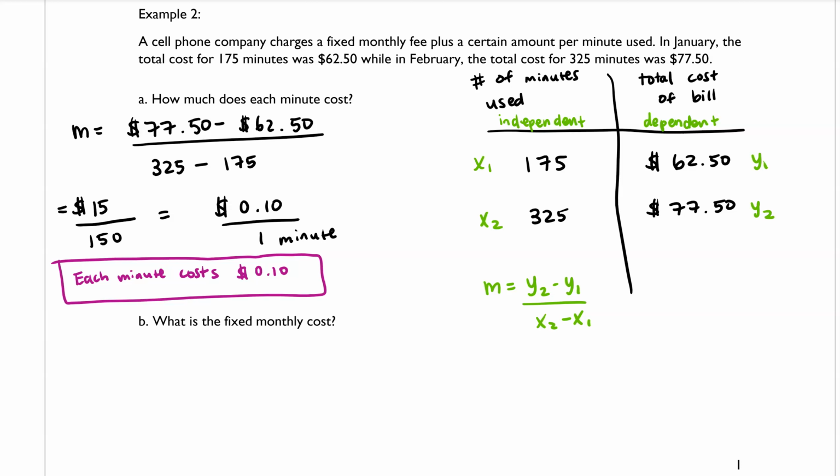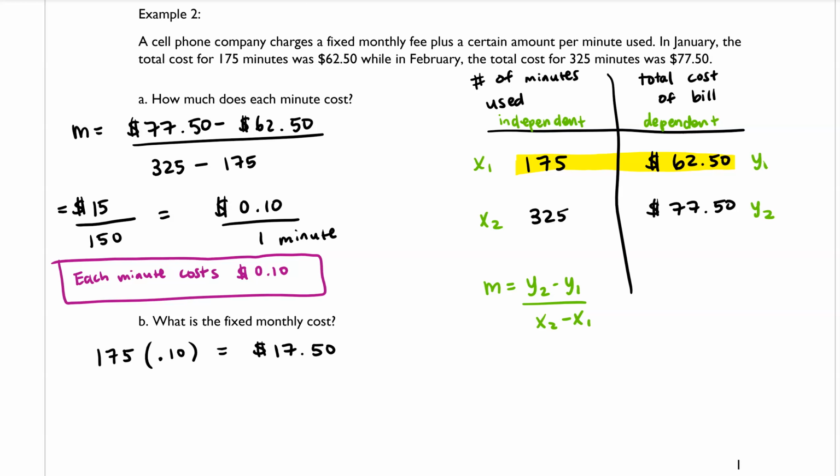And so let's use this first data point here. We know that if we spend 175 minutes, we're going to have to pay $62.50. So if I am using 175 minutes and it's 10 cents per minute, if I multiply those two numbers together, we end up getting $17.50.